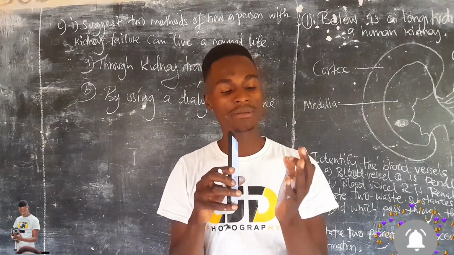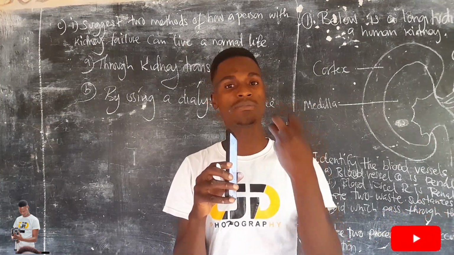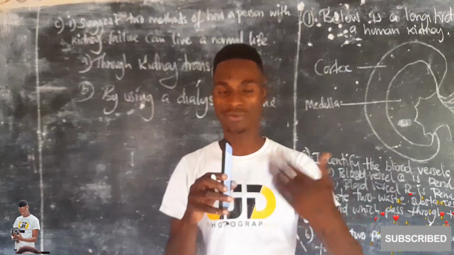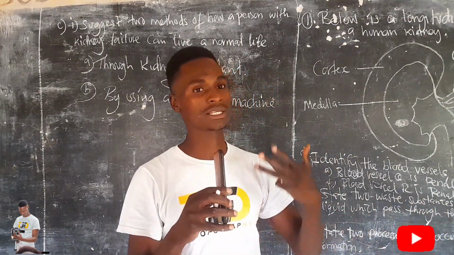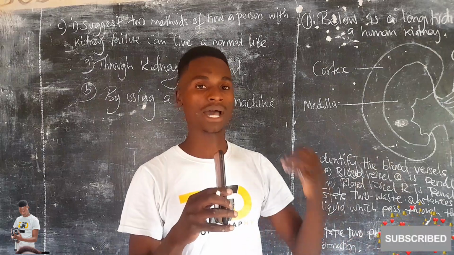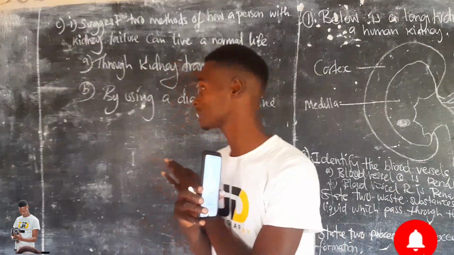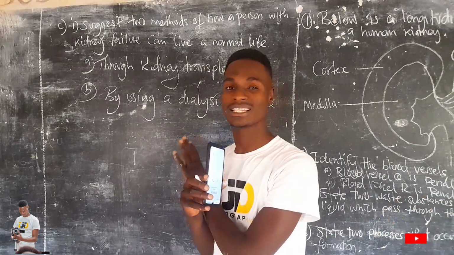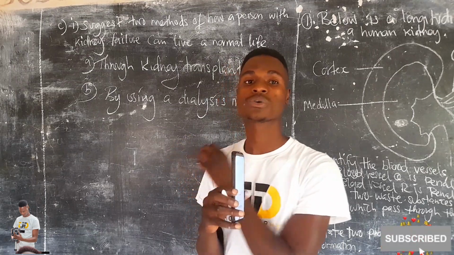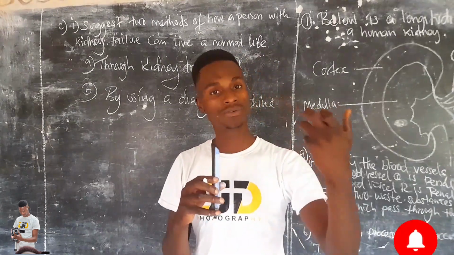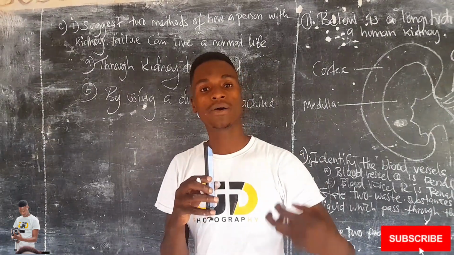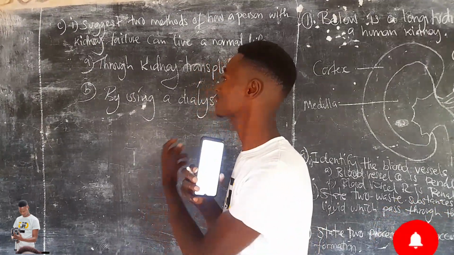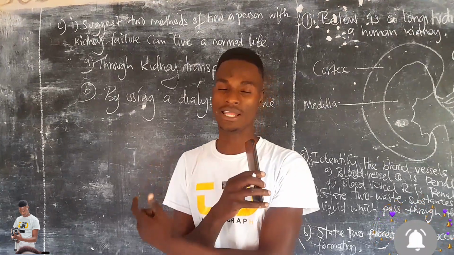Remember the many processes in the kidney, the formation of urine, to remove excess salt, excess water, and urea. So the work of this kidney dialysis machine is to remove excess mineral salts and urea from the body of a person who has a kidney failure.